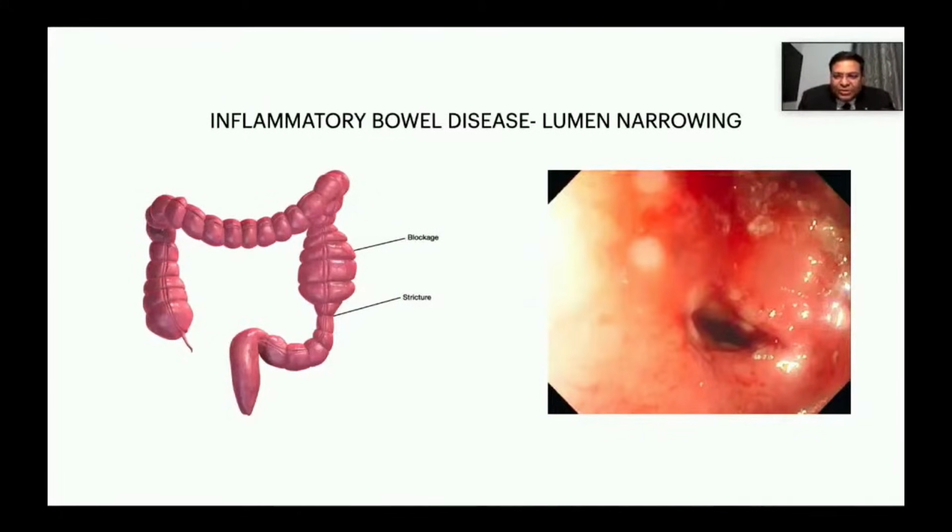In this process of healing and ulceration, fibrosis and scarring happen. Because of this continuous scarring, the lumen narrows. You can appreciate that in the second picture, the lumen has significantly narrowed, and this can cause blockage by solid food particles, leading to obstruction.